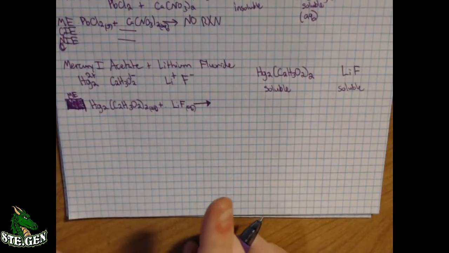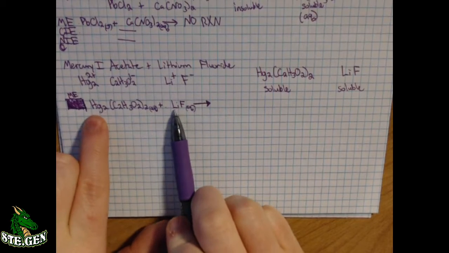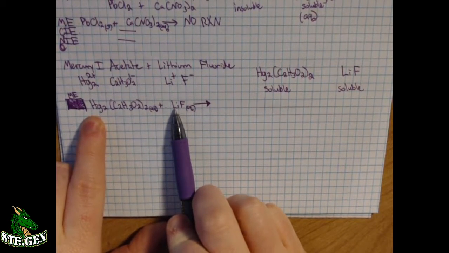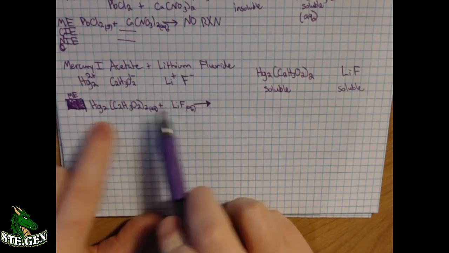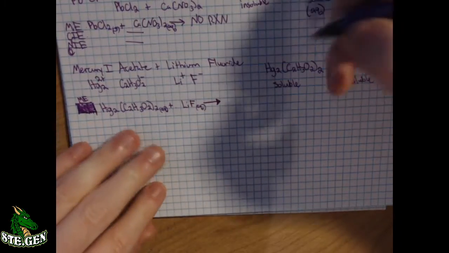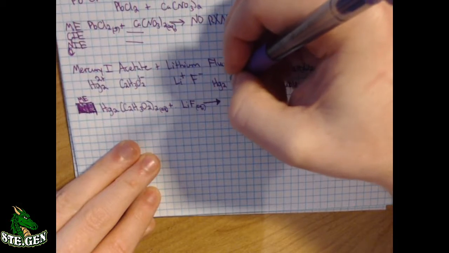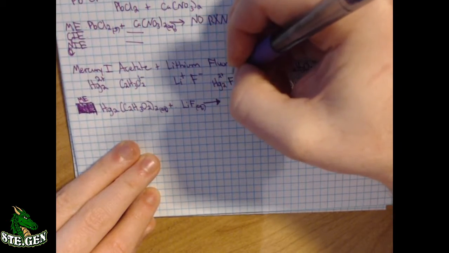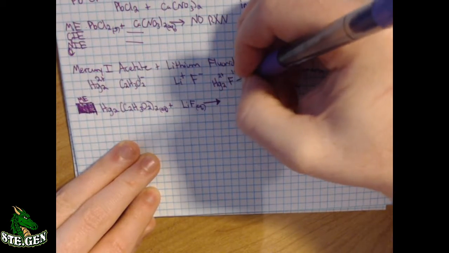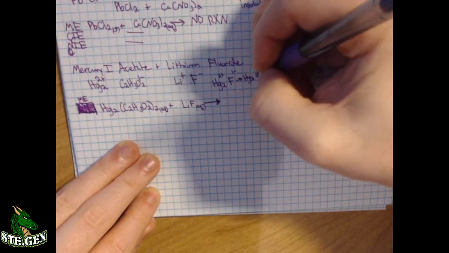And now we swap. We take the first pieces for each of them because it's a double replacement reaction, and we're going to swap them, and we're going to recross our charges. So now we're going to get Hg2 and F, which will give us Hg2F2.